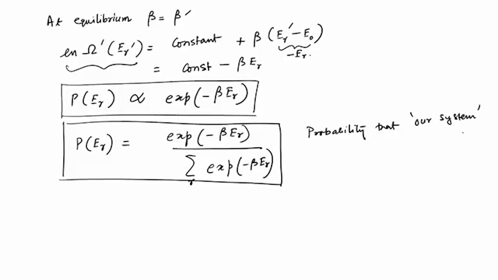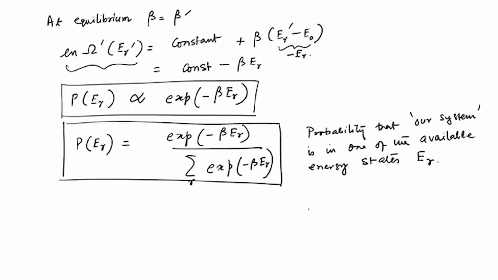So, the probability that our system is in one of the available energy states E_r. Okay.